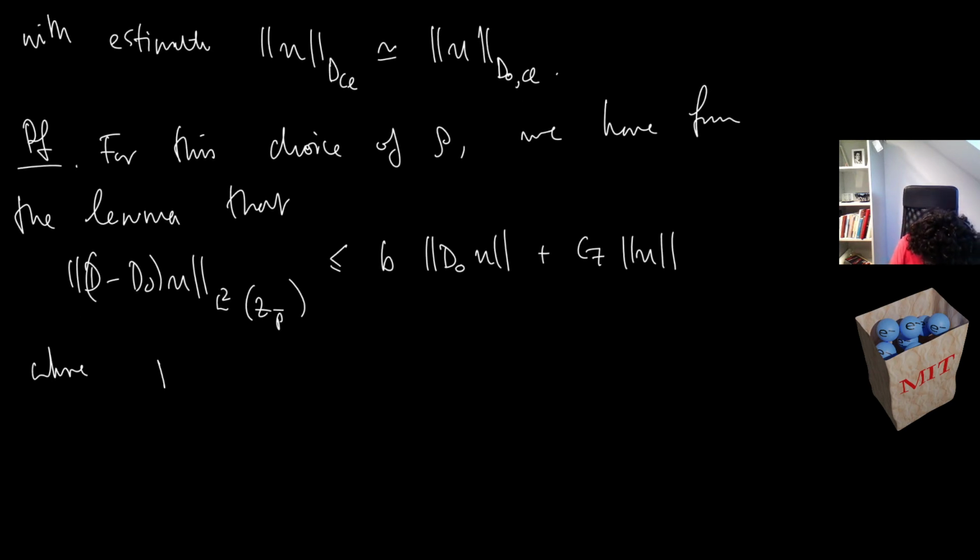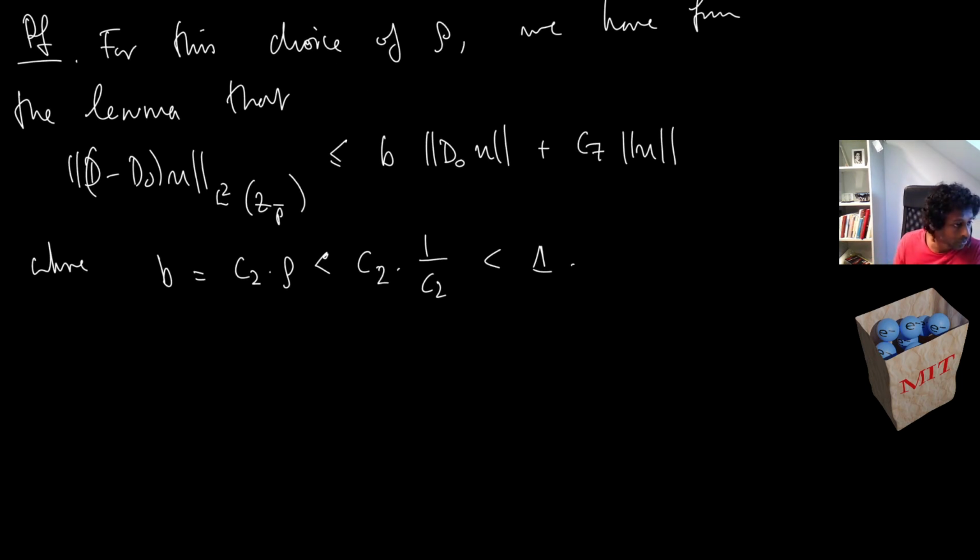Where b is equal to C2 dot rho, which is less than C2 1 on C2, which is less than 1. And that's the main thing, right?